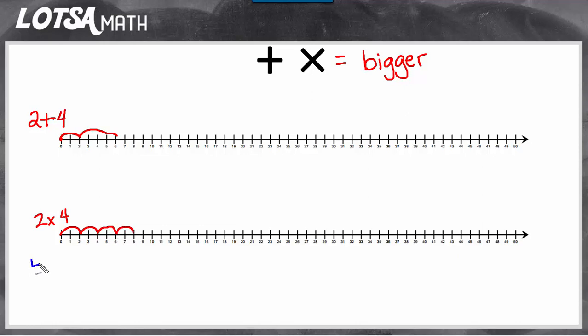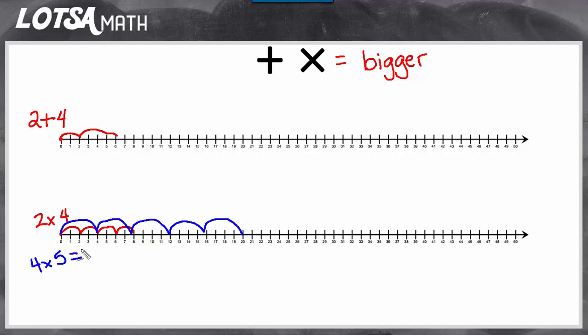If you have bigger numbers, you're getting bigger even faster. But either way, your answer is getting bigger.